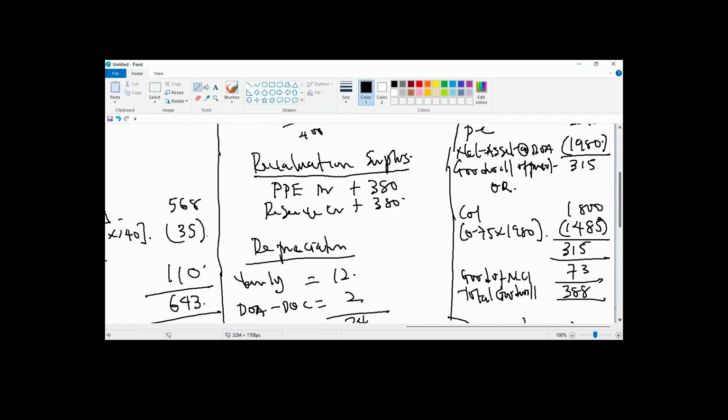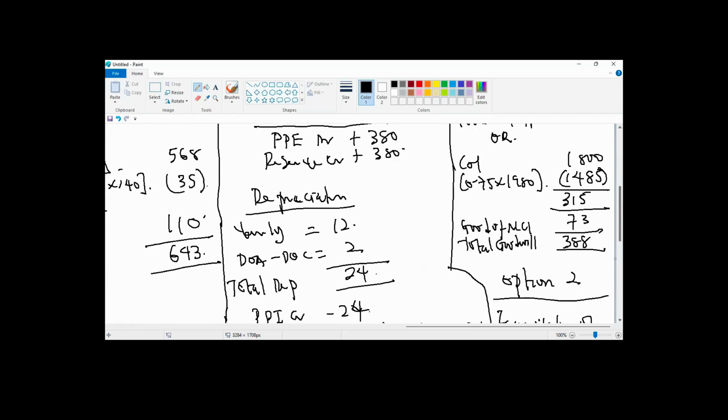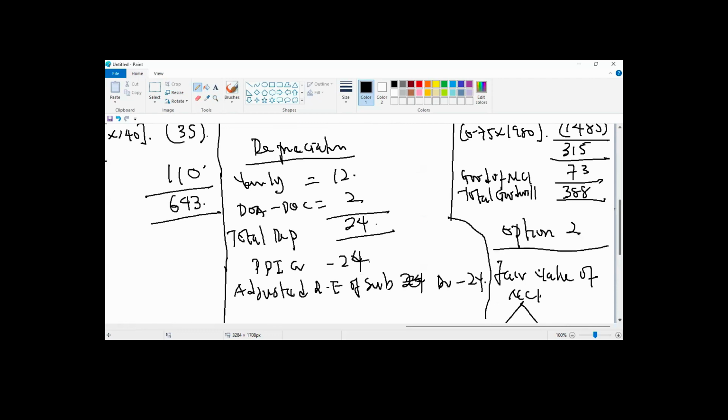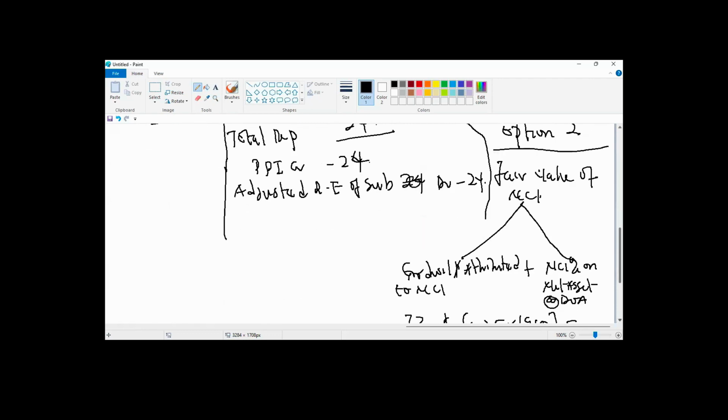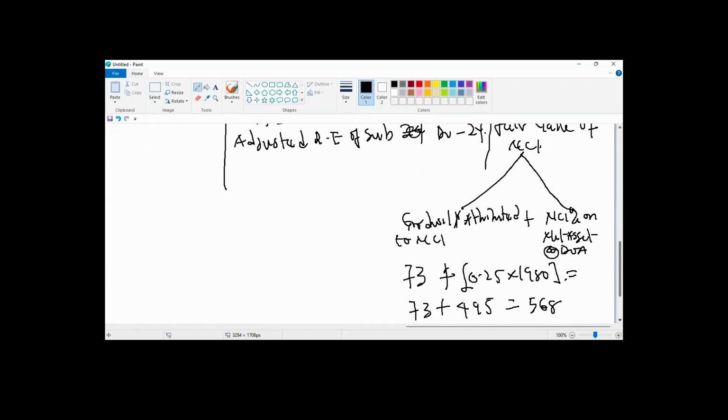Option two, the best option, you get the fair value of NCI, which is the goodwill attributed to NCI of 73, plus NCI percentage on the net asset. Because when it is fair value, NCI is entitled to goodwill, and also entitled to the net asset. But if it is proportionate share, no goodwill is attributed to NCI; NCI is only entitled to net asset.